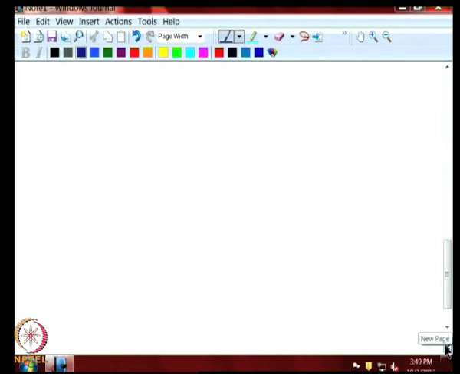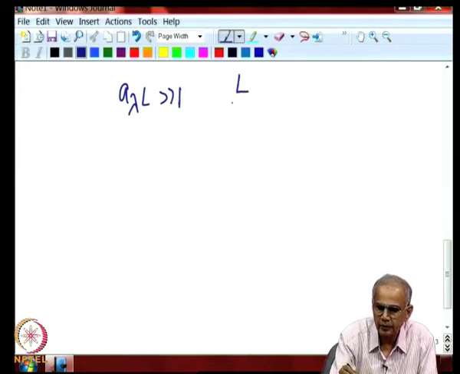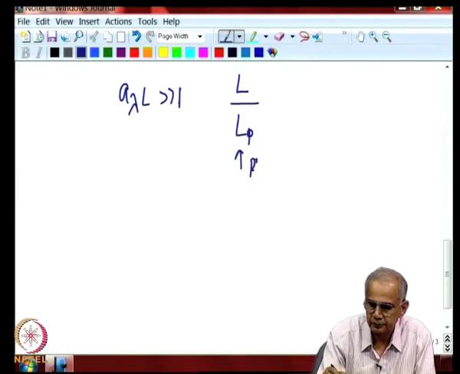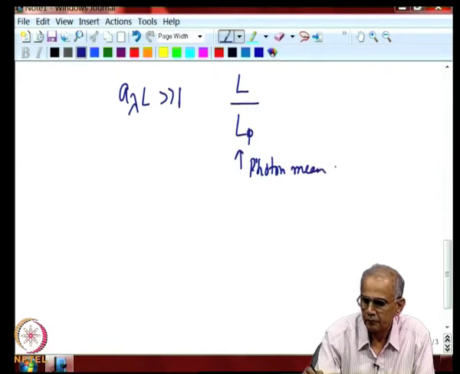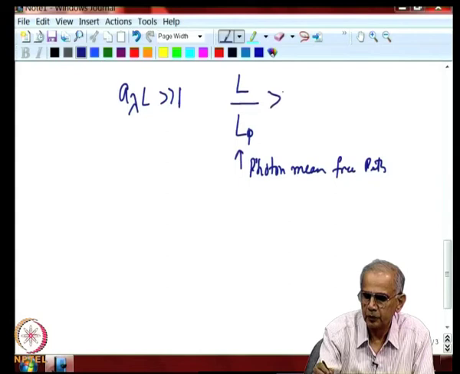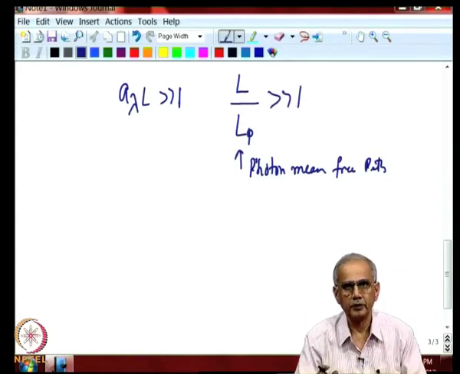Now, we can also look upon this as a lambda L much greater than 1 being equivalent to saying that the length of the medium compared to the photon mean free path is much greater than 1. That is, the medium is much larger than the typical mean free path of the photon.